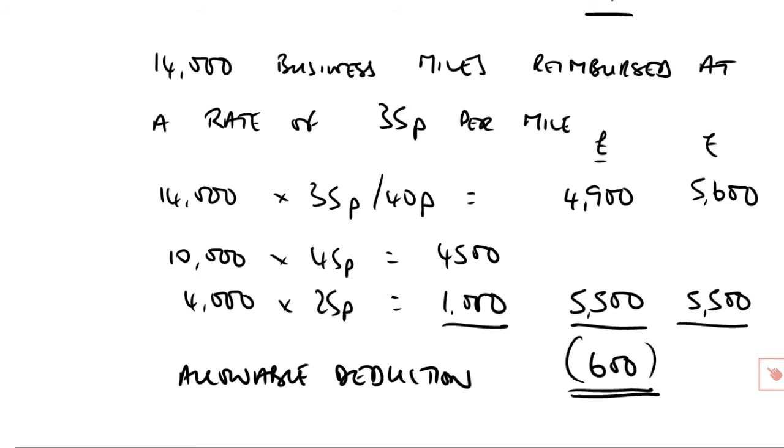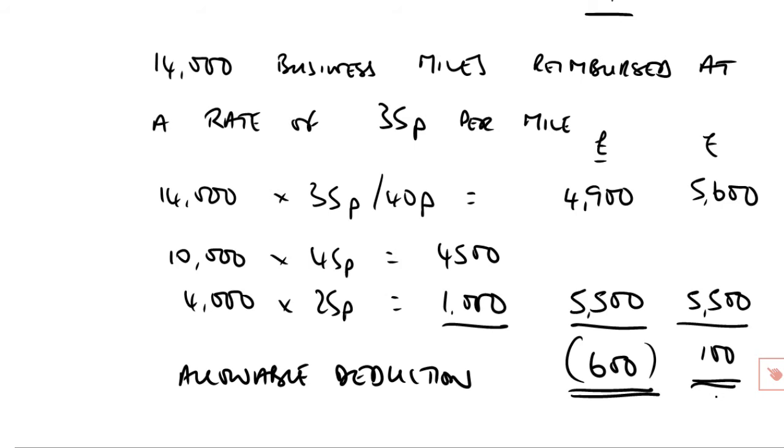That's still £5,500. So here you have received from your employer £100 more than you should have done overall. At 40p was £5,600, whereas the authorised rates would have allowed you only 5.5. So that £100 would be an assessable benefit.